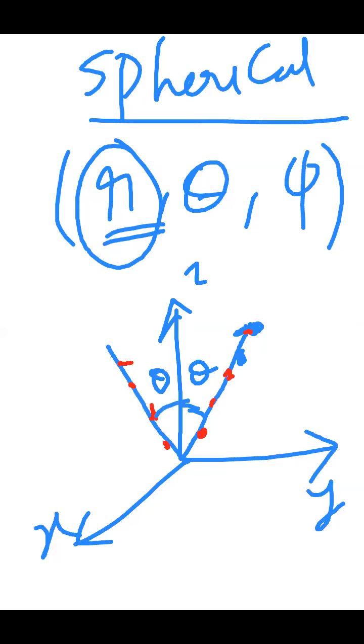Please remember, this is a two-dimensional figure you are observing, but it is actually three-dimensional. Once you rotate the triangle with respect to the z-axis, you will get an inverted cone.